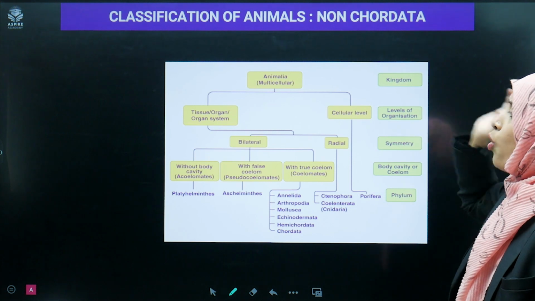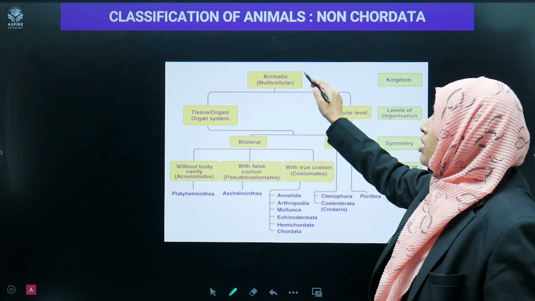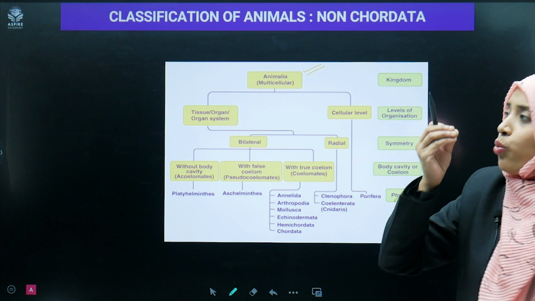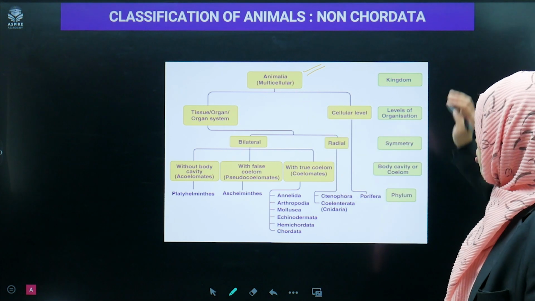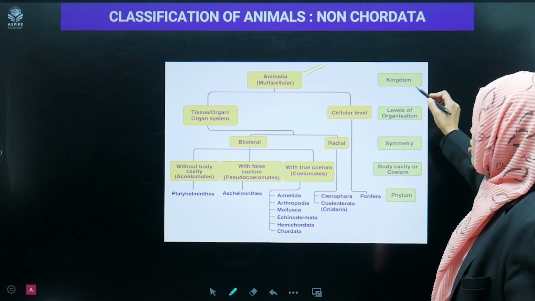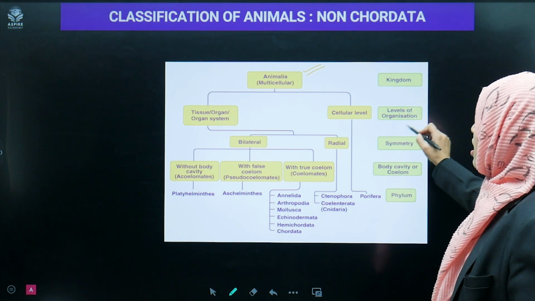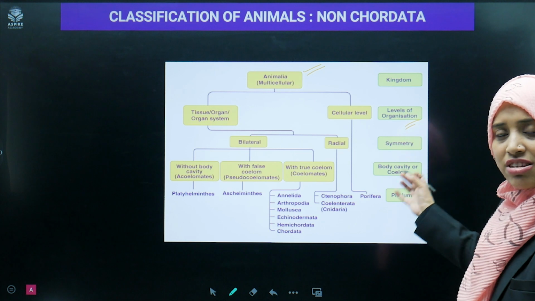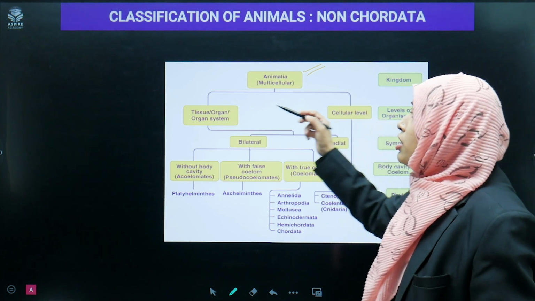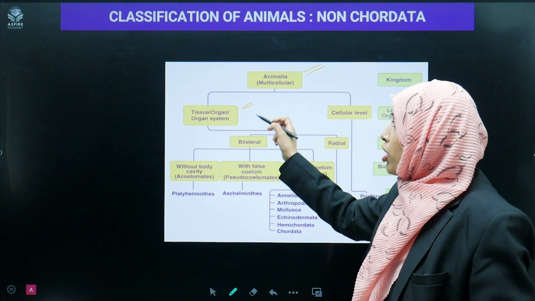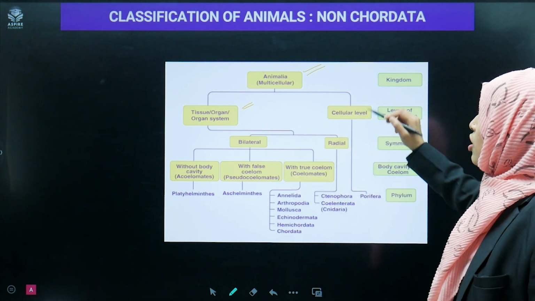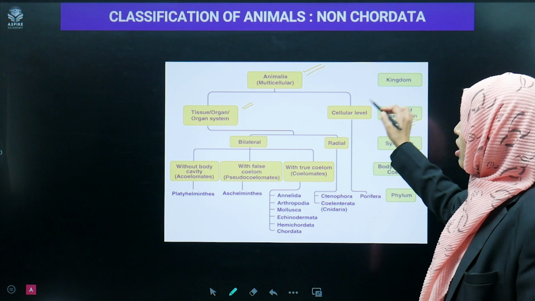Now we can look at the whole animal kingdom. Animals, we know, are all multicellular. Animals have been classified on the basis of, here you can see, the level of organization. On this basis we can classify whether they are formed of tissues, organ systems, or whether they are of cellular level.